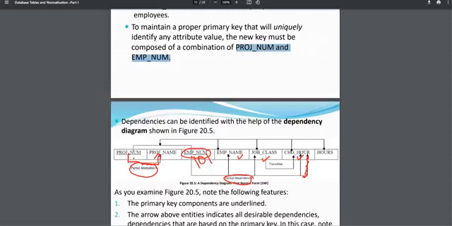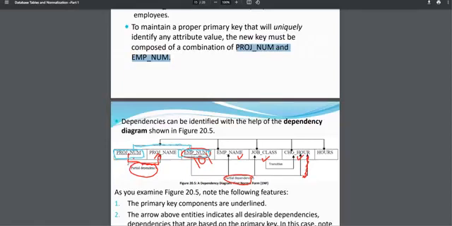And here look at this one. We consider that employee number and project number both are required to produce the composite primary key. That is the main key of this table, right? Why do we use that main key? To recognize records uniquely.